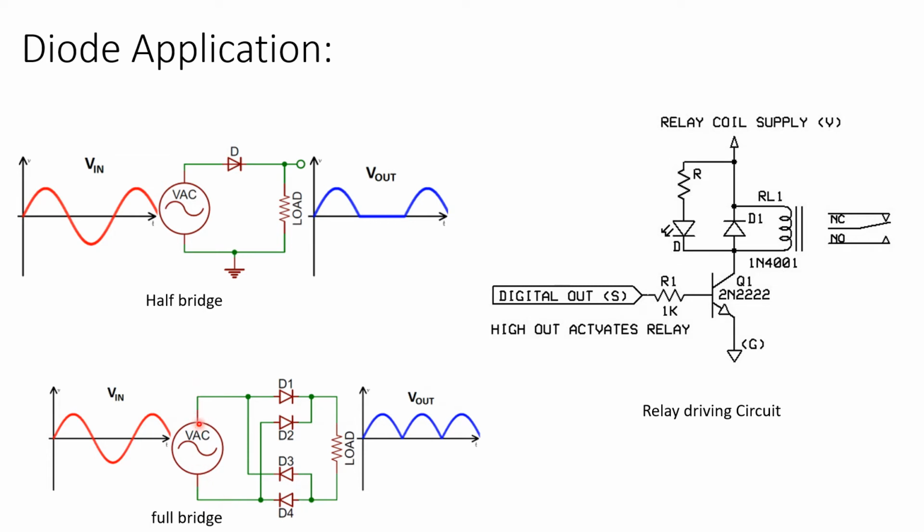So if any current is going in this direction, it will come back in this direction, and only then will the circuit complete. If you see the waveform, what will be across the load? The load is only seeing the positive cycles. It doesn't see any negative. So that's why both these applications are called rectifiers, converting AC to DC.